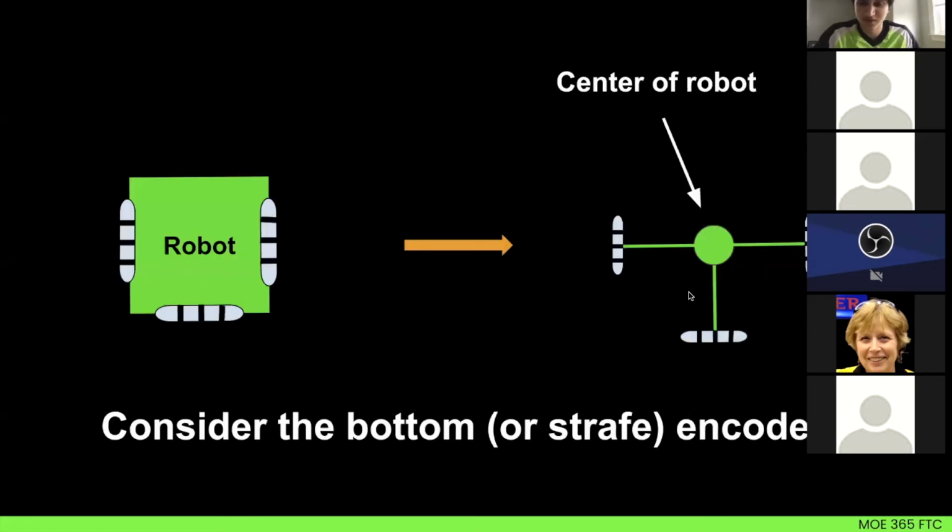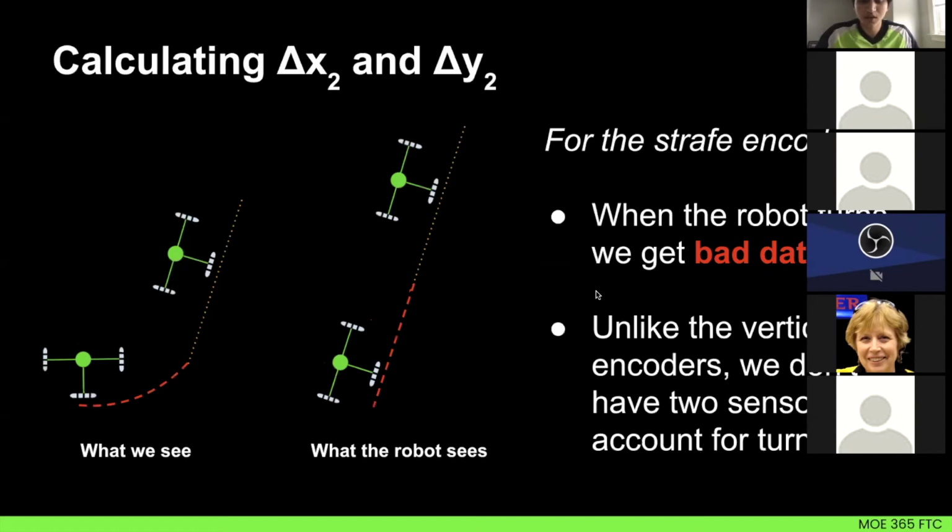So now we're considering this bottom encoder here. So if you go to the right, this bottom wheel right here. For the strafe encoder, what's especially challenging is when the robot turns. So we're trying to calculate the change in x and y accounted for by the strafe encoder. So when the robot turns, we get bad data from the strafe encoder.